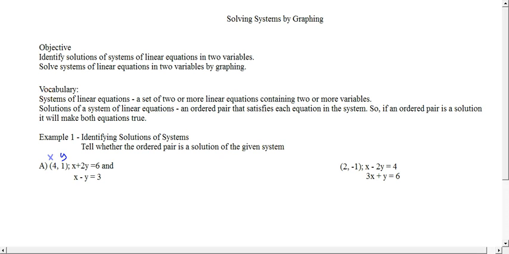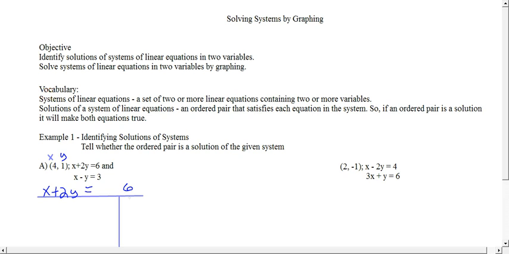Let's start off by putting our actual equation on the top of our T-chart, and that will be x plus 2y is equal to 6. Okay, so we're good and started.